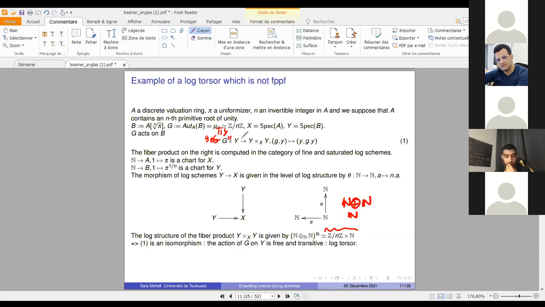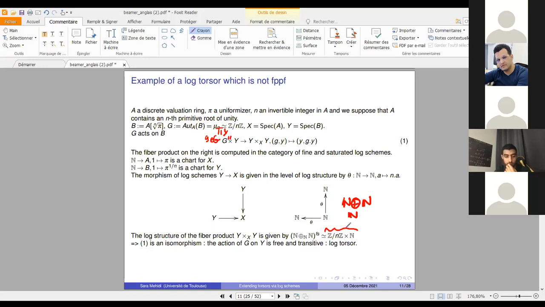So this log scheme and this log scheme have the same chart, which means that they have the same log structure. And in fact, this is an isomorphism of log schemes, of fine unsaturated log schemes, which means that since this is the action map of G over Y, the action of G over Y is free and transitive. And this is what gives me what we call a log torsor.